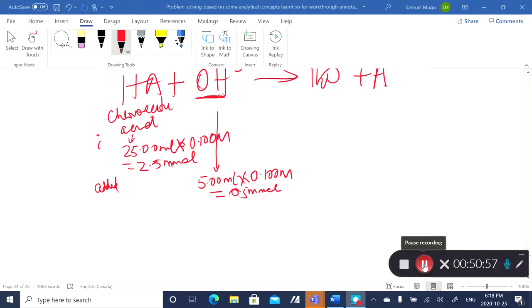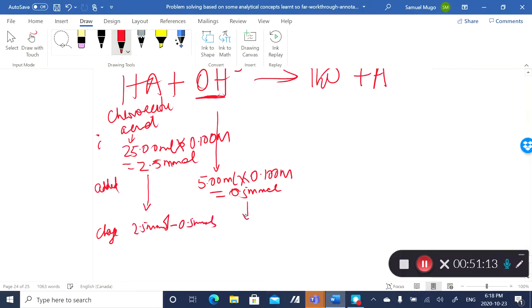Remember, for every mole of the titrant I add, there is a change. And so the change is 2.5 millimoles minus 0.5 millimoles. In this case, the change is minus 0.5 millimoles. All of it is consumed. And then I have made plus 0.5 millimoles of my product.